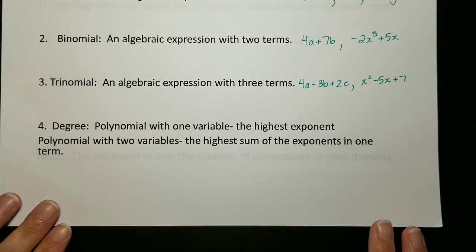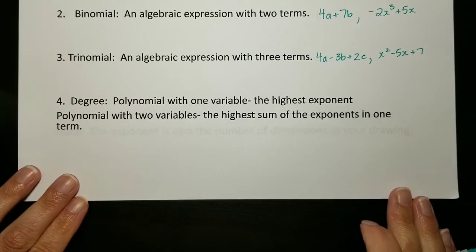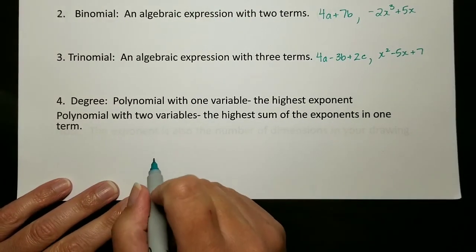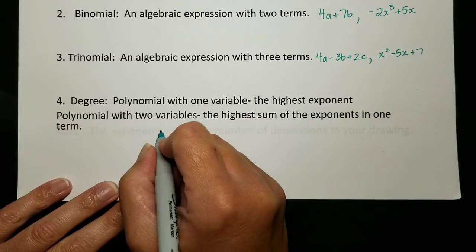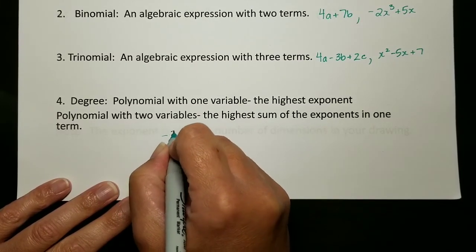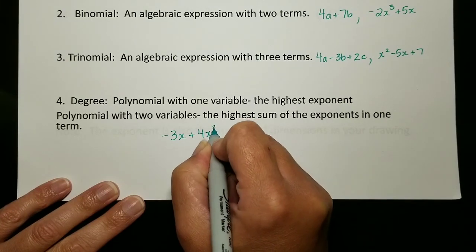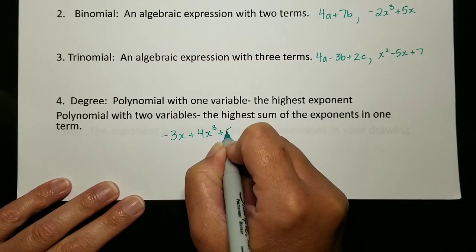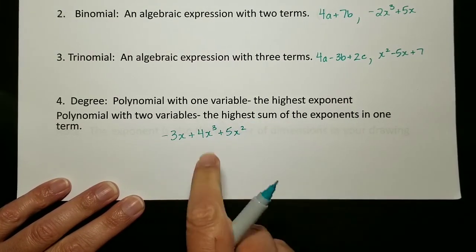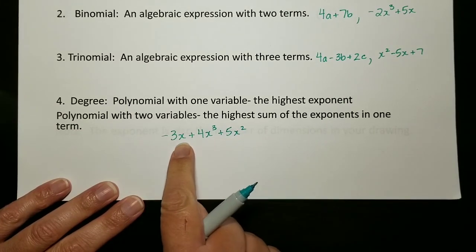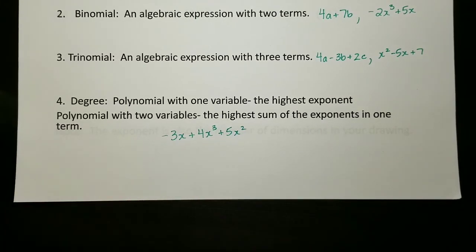So I'm going to look at a couple different examples of polynomials. So if I have negative 3x plus 4x cubed plus 5x squared. If I wanted to look at the degree, I need to find the biggest exponent on my variable.